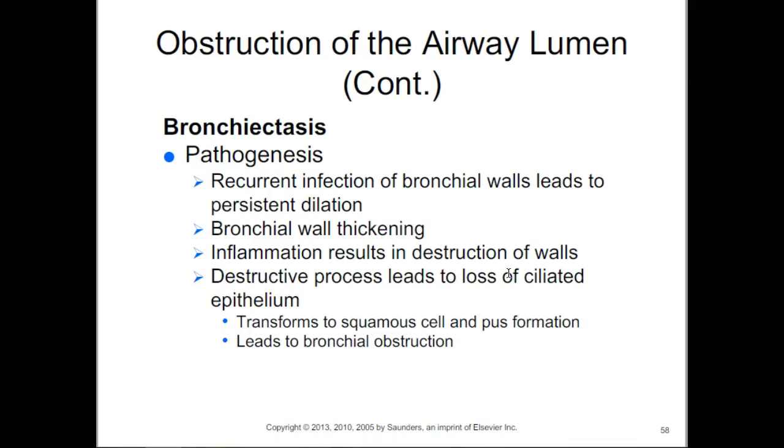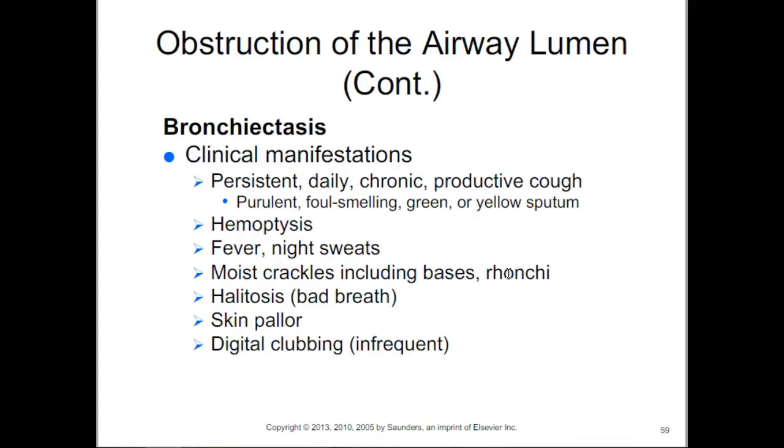Remember that squamous cell lining, when you lose the ciliated epithelium. Remember, pseudostratified ciliated epithelium is going to be dominant in your respiratory system. However, when you lose ciliated epithelium, you replace it with squamous cells. And so you'll see that squamous cell transformation and then pus formation. And then that leads to obstruction, and thus why bronchiectasis is a COPD as well.